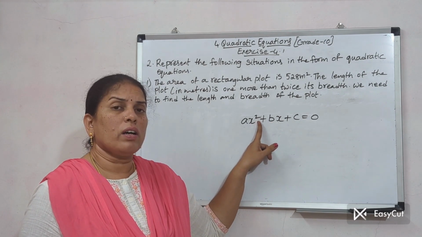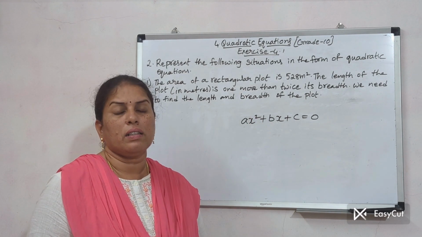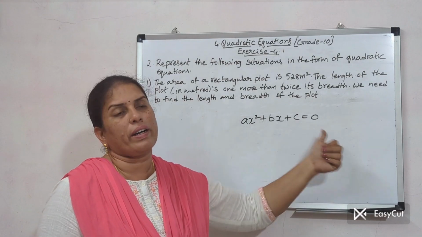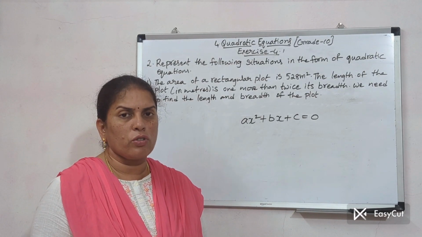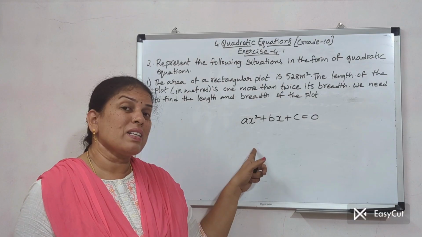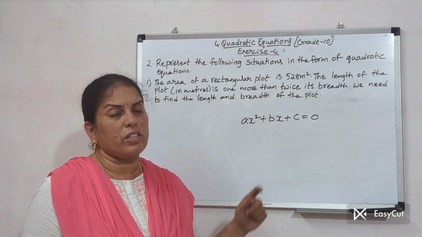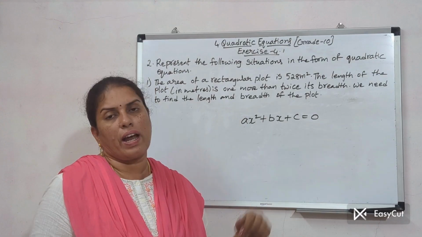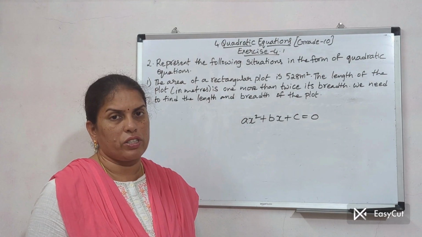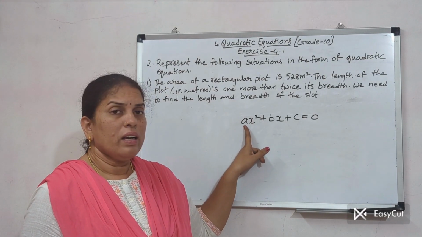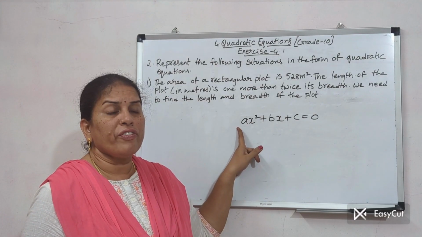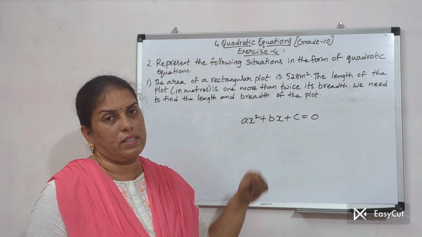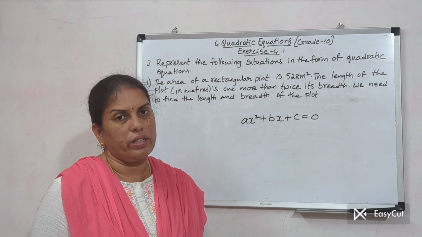If the exponent is 3 or any other, then we should not call it a quadratic equation. All of you understood? What is the standard form of a quadratic equation? Very important: ax square plus bx plus c is the standard form. Here, a and b are the coefficients of x square and x, and c is the constant term.